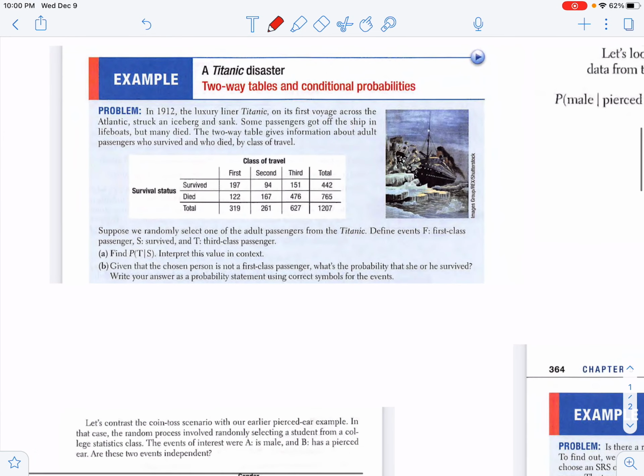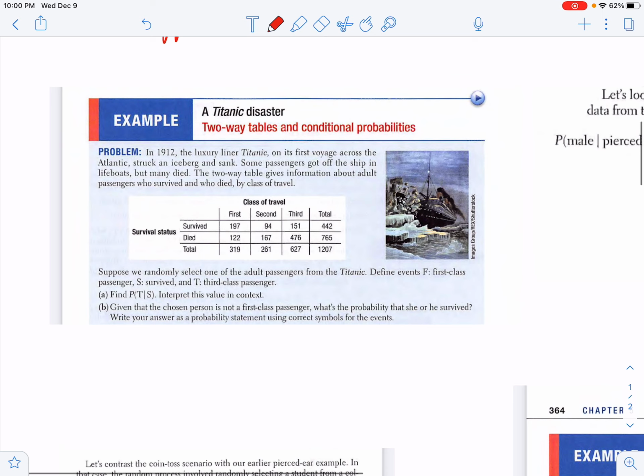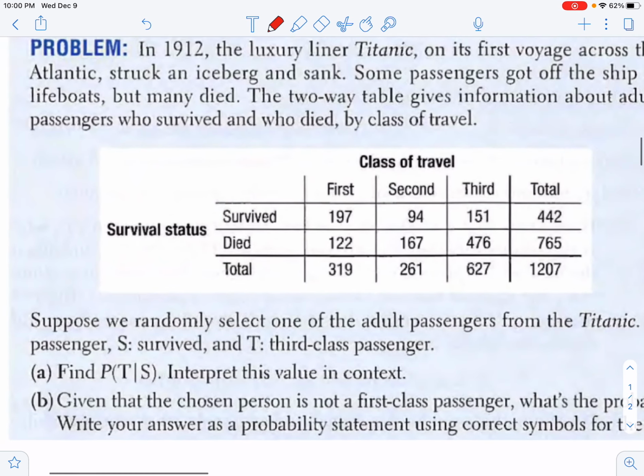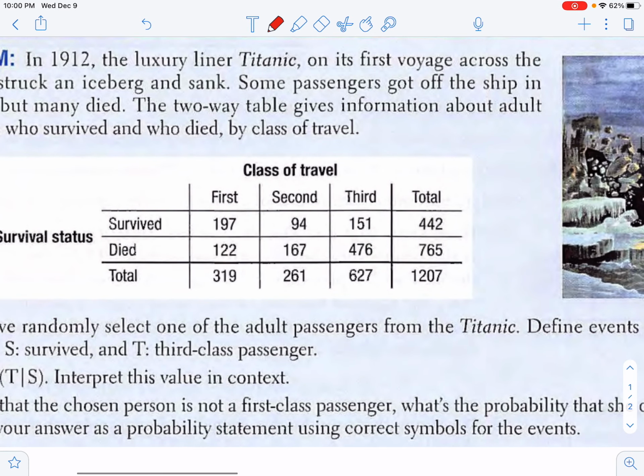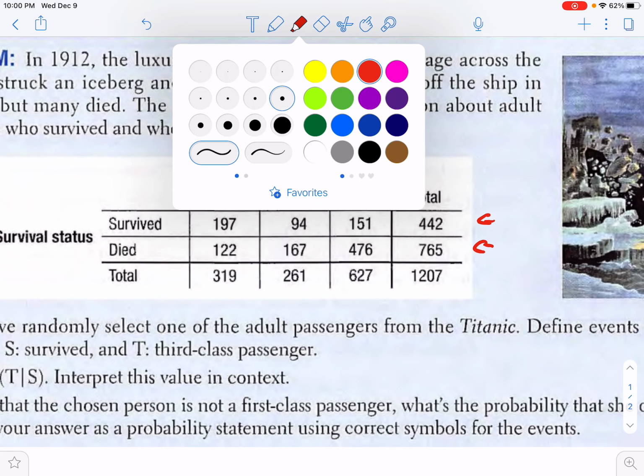Let's do some conditional probability using a two-way table here. If you remember how to read a two-way table, this row is all the people that survived. This row is all the people that died. This is all the first class, second class, third class passengers, and just the outsides.